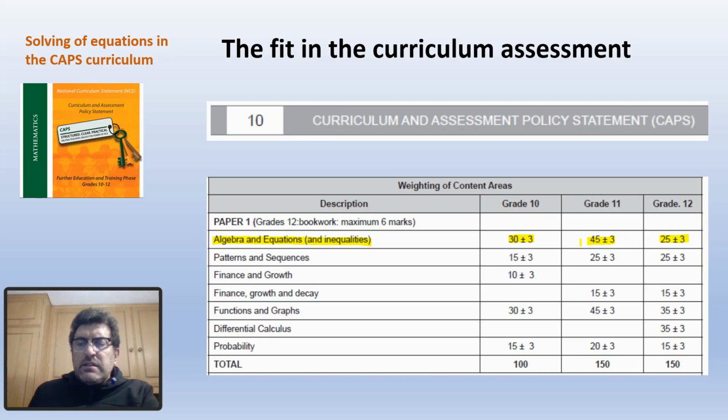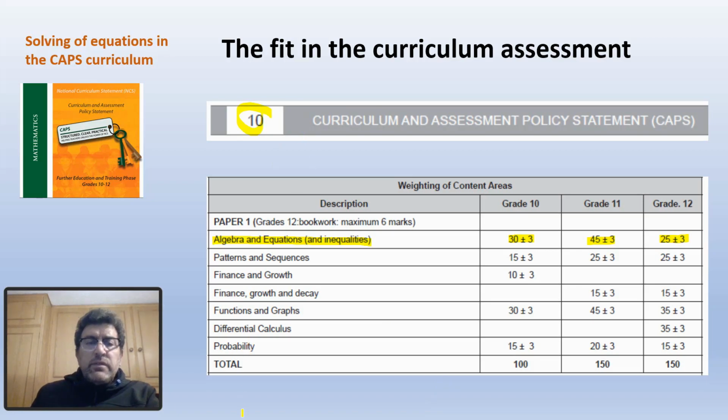So you'll see it counts more in grade 11 than it does in grade 12. I'm not sure why, but we'll have a look as we go through the program. So that I found on page 10 of the CAPS curriculum.